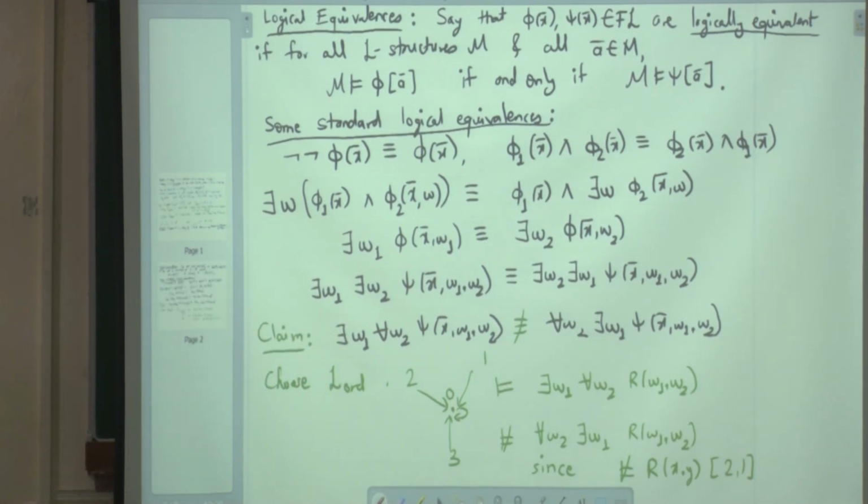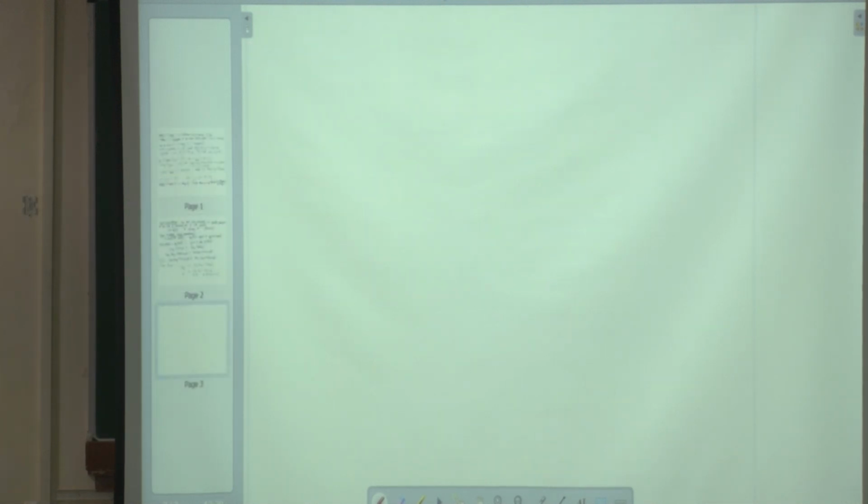So this is not a logical equivalence, by the way, but we can continue with our sequence of logical equivalences. Let's go ahead. I'm going to ask you another question, and let's see if you can figure this one out.